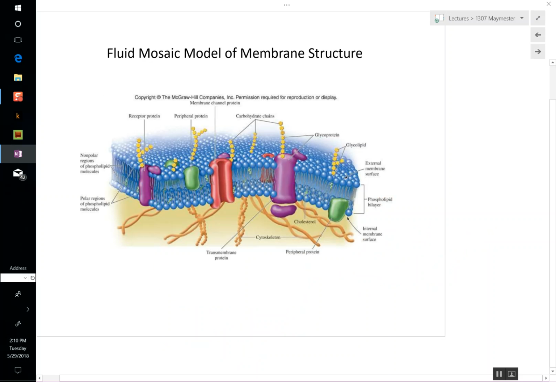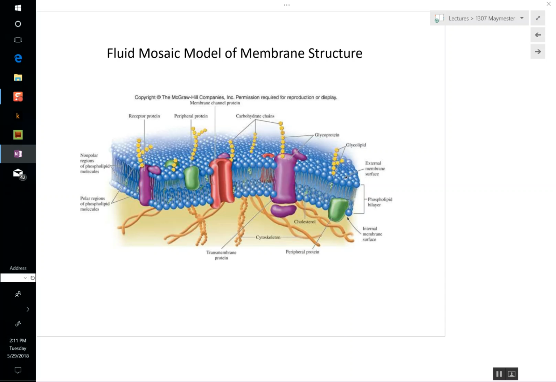All right, so it gets a little more complicated than that. The blue with the tails is your lipid bilayer. This is a cell membrane. Now, embedded in the cell membrane are proteins, specialized proteins.